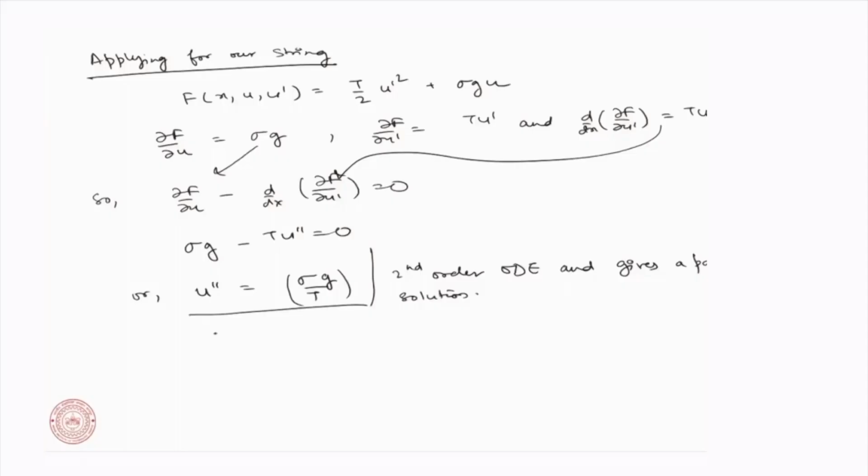T was the tension on the string, and we are getting a similar set of relations. Again we have two boundary conditions, that is u at plus minus 1/2 equals 0. You can take this, or if you are taking the L case, then u at 0 and L equals 0. Whatever our set of equations is, we can take it likewise. All right. So, this is how we would apply this energy principle to our membranes.